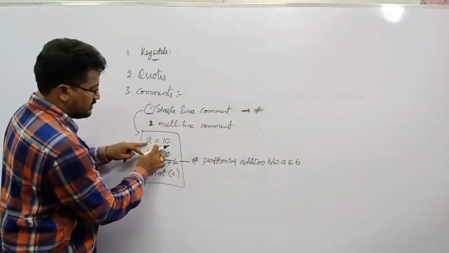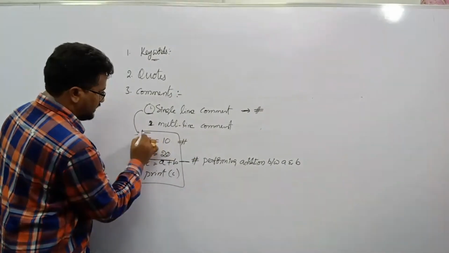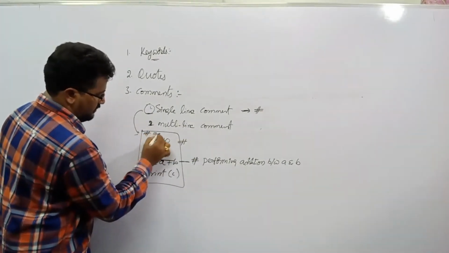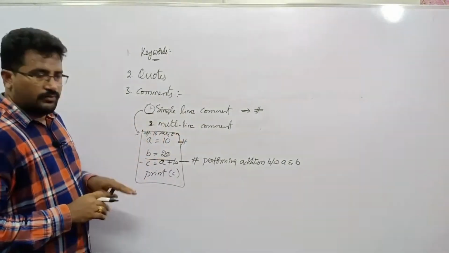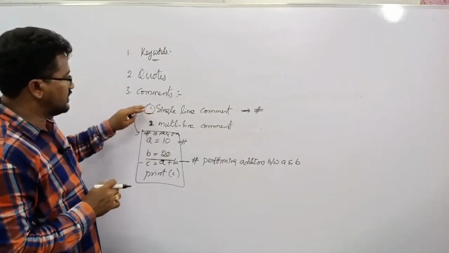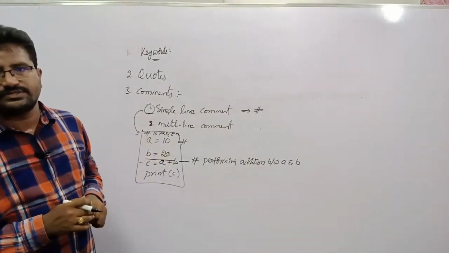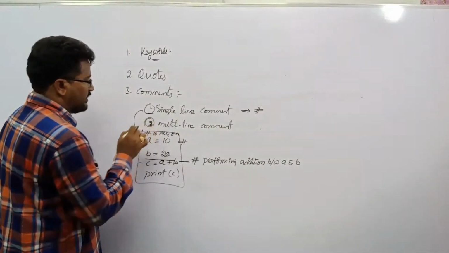Suppose this line is there. I want a comment. I can write it here, or I can write it here also with hash: 10 assigned to variable A, like that. So that's about single line comments. Now let's go to multiple line comments.